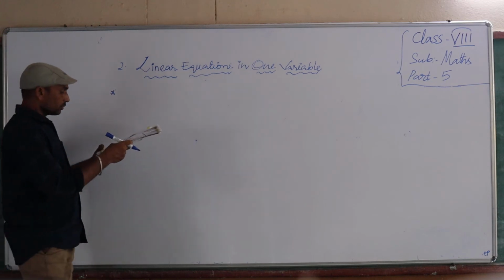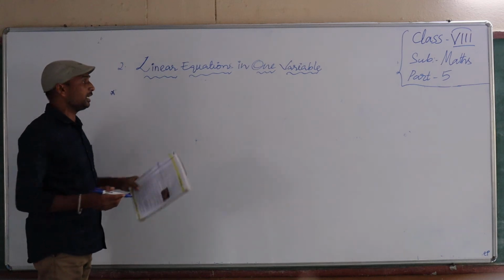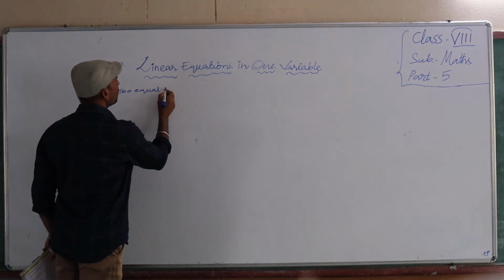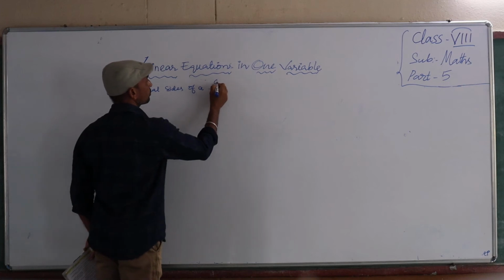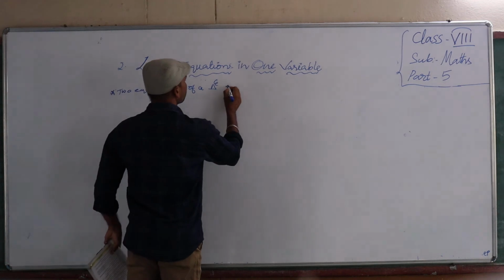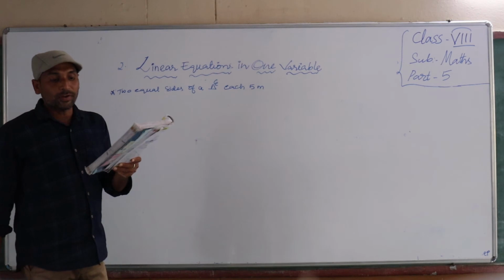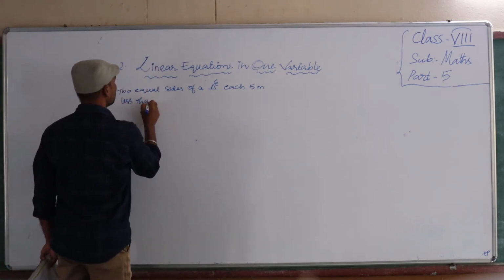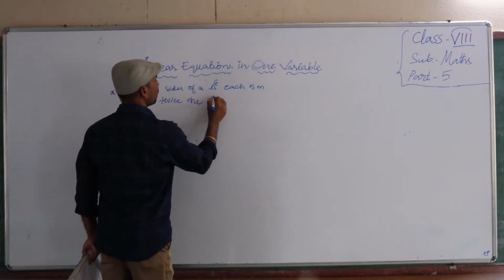So here, two equal sides of a triangle are each 5 meters less than twice the third side.